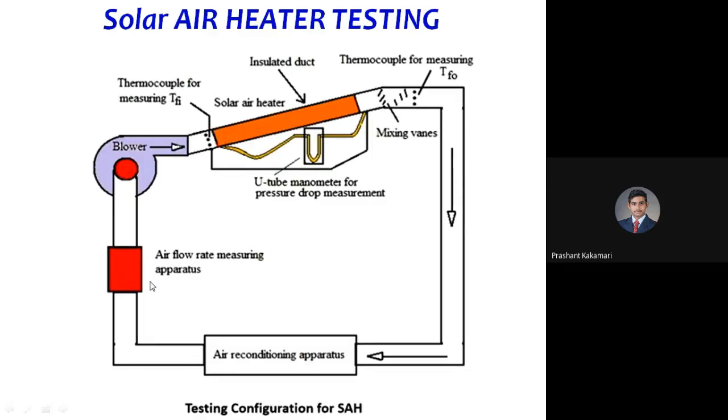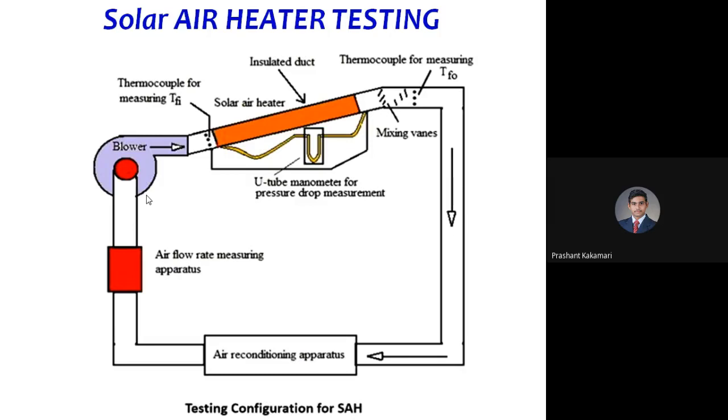You can connect this mass flow rate measuring device either at the inlet side or at the outlet, because the mass flow rate will be the same. This mass flow rate is also important for finding the useful heat gain by the air. In that case, we need m Cp delta T: the mass flow rate of the air, the Cp of the air, then delta T. Okay, so this is about the setup and working.